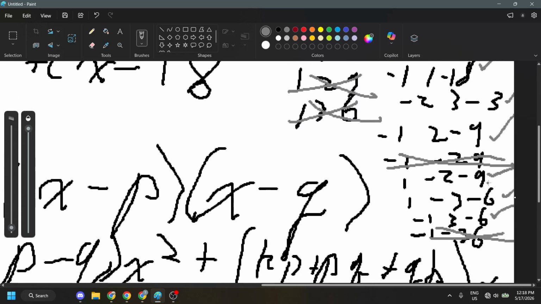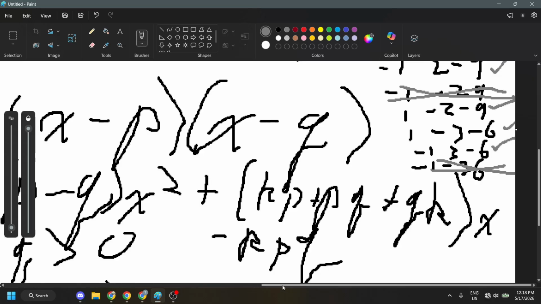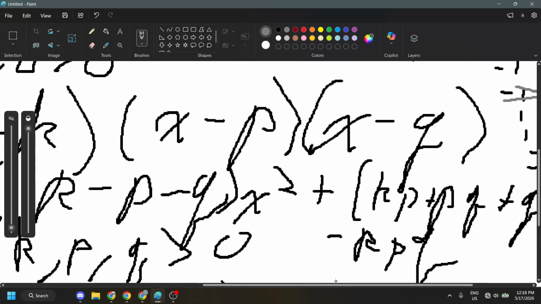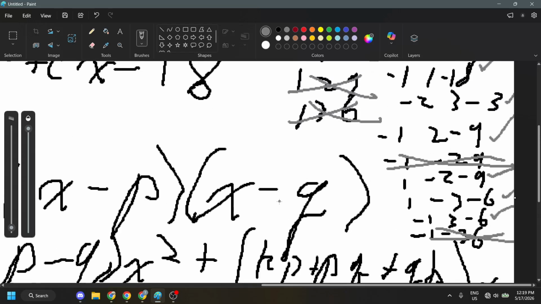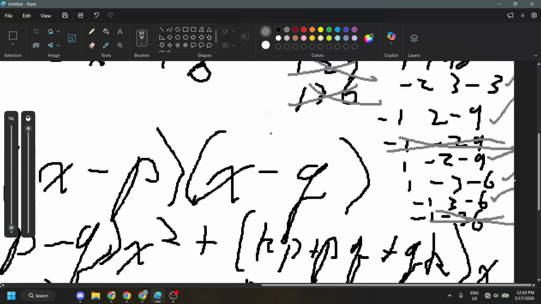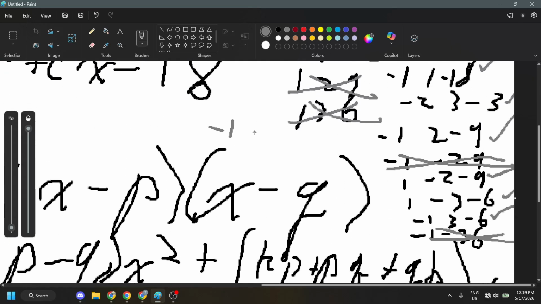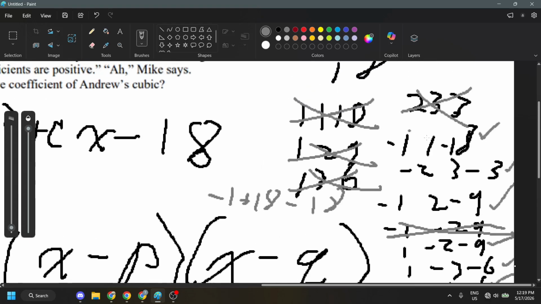So now we're left with 6 according to this one. Now let's look at this one. This also needs to be positive. So 1 times negative 1 times 1, which is negative 1. So for this one it will be negative 1 plus 18 minus 18. So this one actually doesn't work.